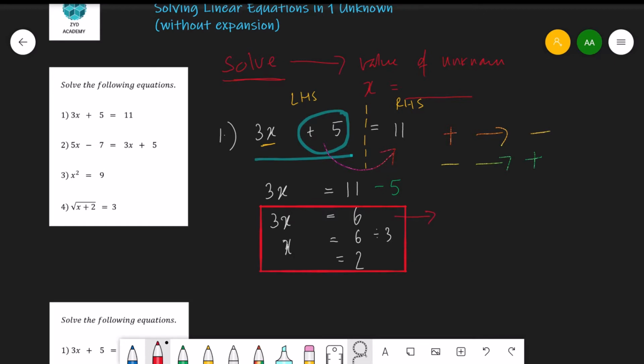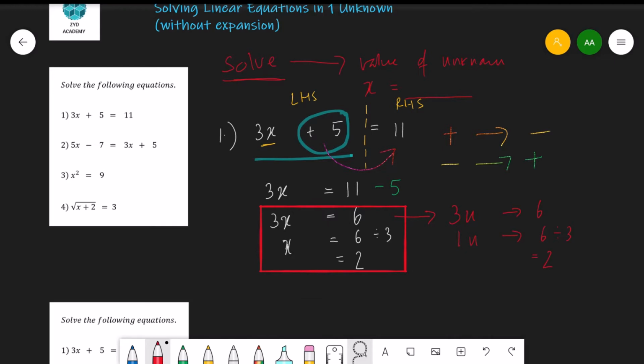It's just like saying if I have 3 units equals 6, how do we get the value of 1 unit? 1 unit will be 6 divided by 3, so 1 unit equals 2. It is the same in this case. If you have 3x equals 6, x is equal to 6 divided by 3 equals 2.